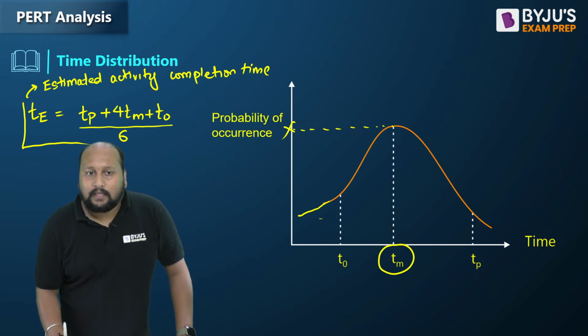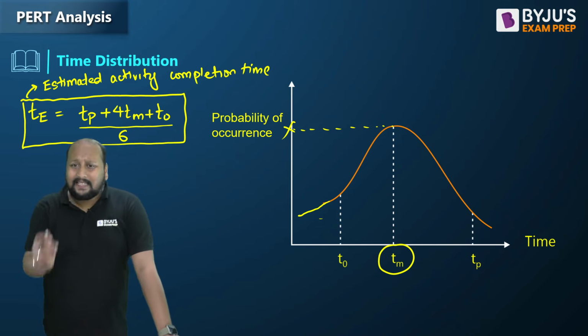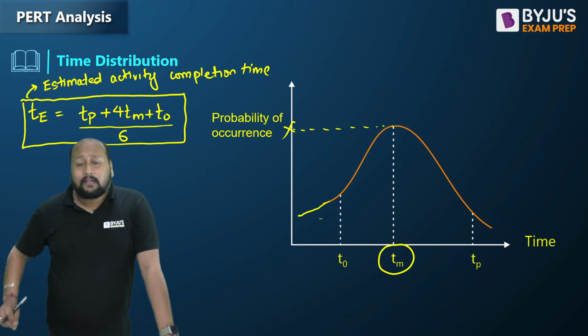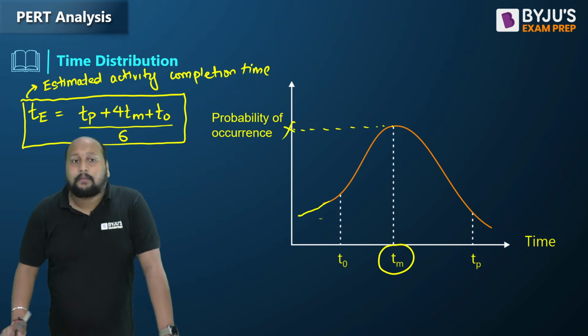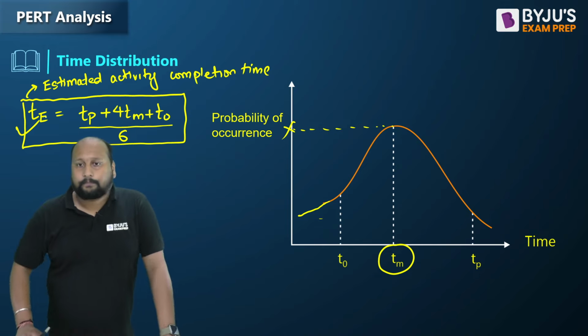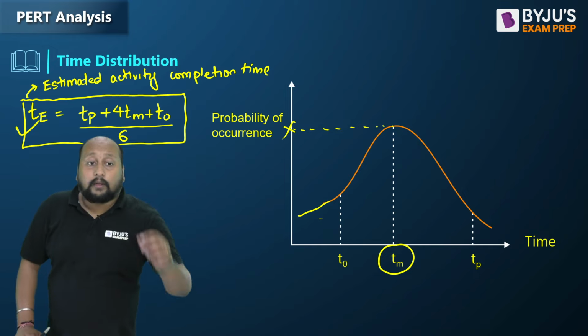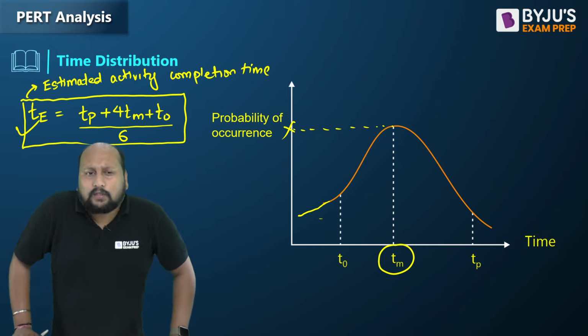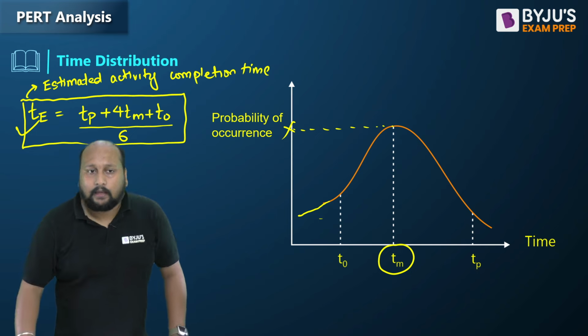By using this relation, because whenever we are dealing with scheduling, we always need a single time estimate, right? But here we are dealing with 3 time estimates. That simply means I will be converting these 3 time estimates into a single time estimate by using this particular formulation. If I try to calculate this TE, we can simply use TP plus 4 times TM plus TO divided by 6, because it is following a beta distribution, right?